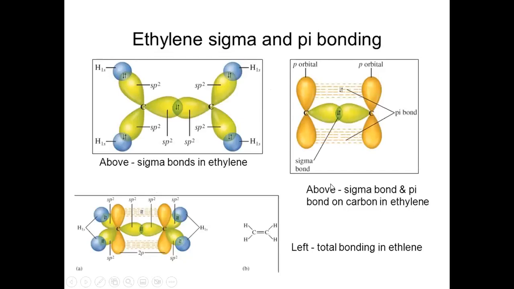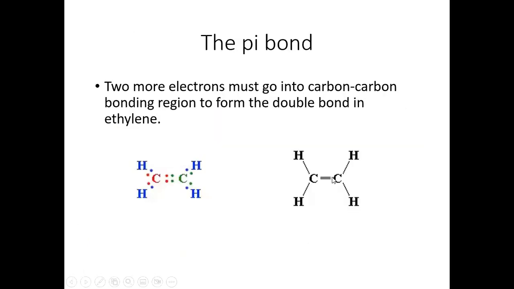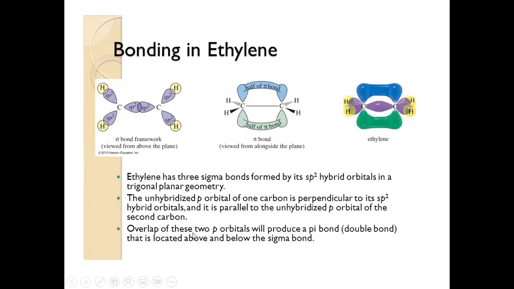Basically, ethylene has sigma and pi bonding. On the left here, you can see the sigma bonds in ethylene, and on the right hand side, the other bond that is formed through the pi bond. These two, the pi bond, make the carbon-carbon bonding region a double bond, right? This is the description of the sp2 hybrid orbitals that form the trigonal planar geometry.